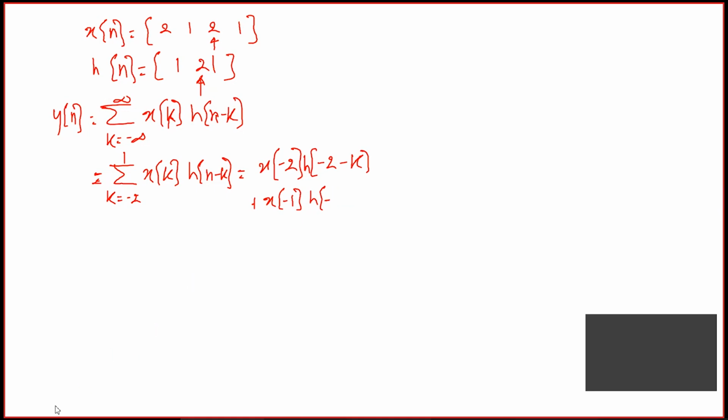I'm wrong, this is not right. x of k, h of n minus k. Now it's right. n minus k is this, plus x of 0, h of n minus 0, which is n.